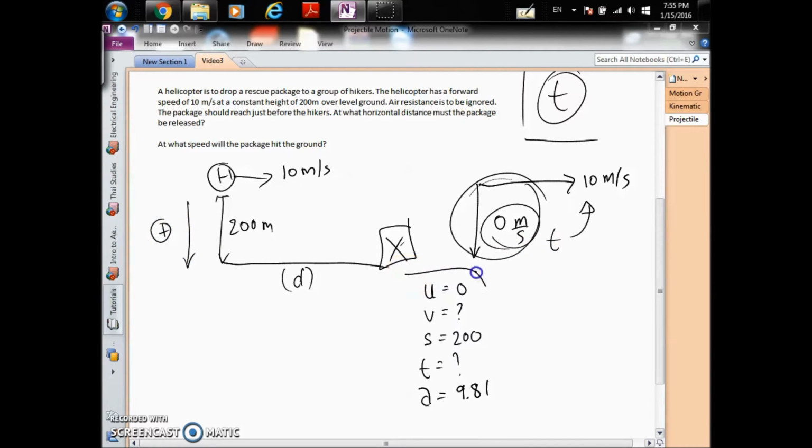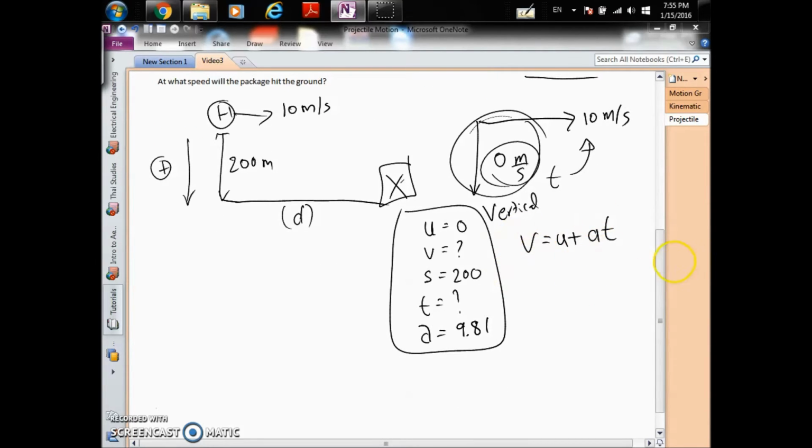So this is for your vertical component. The equation to be used for this one, just look back up and you will find that v equals u plus at gives you sufficient room to find the answer.